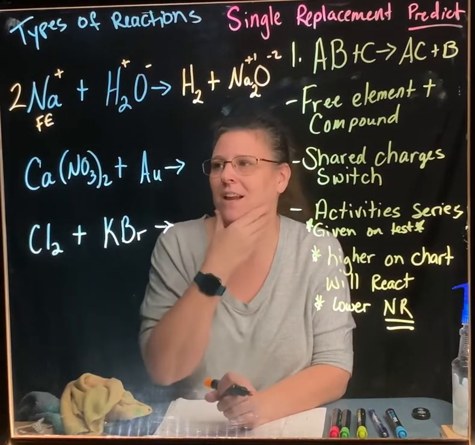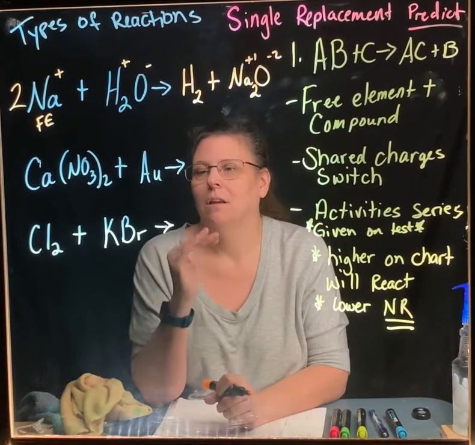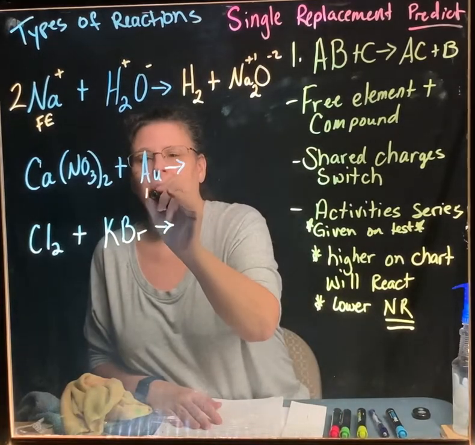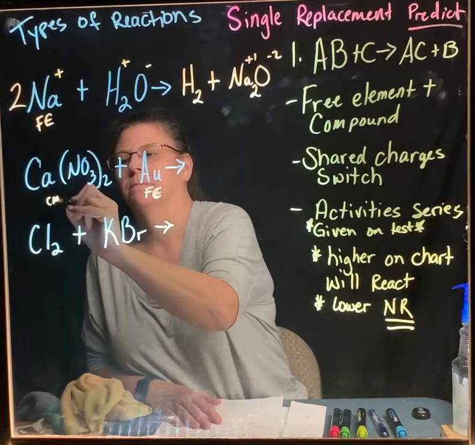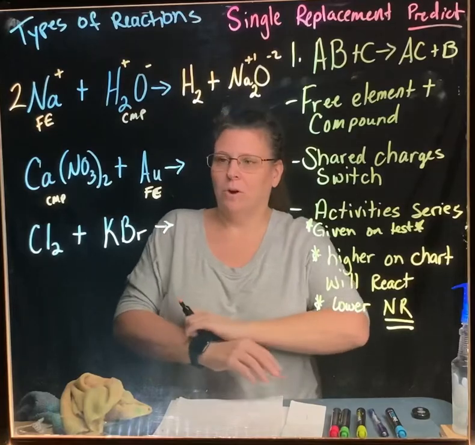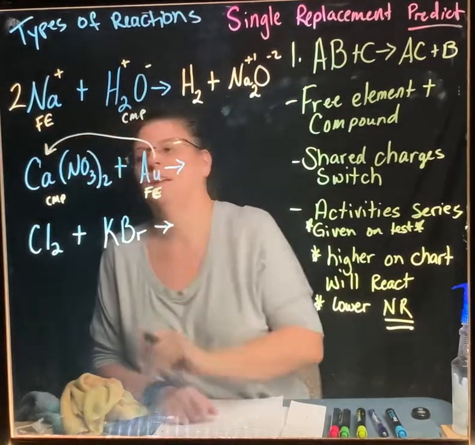Let's take a look at this next one. You have calcium nitrate, and then you have gold, okay? So a free element and a compound. We're going to look to see if the free element can replace the calcium.